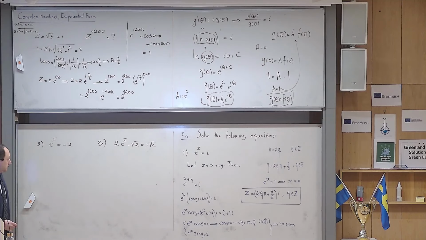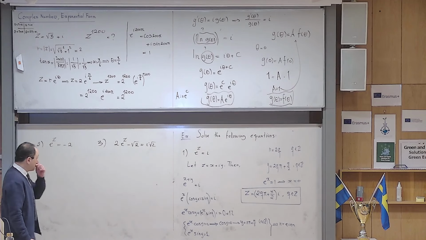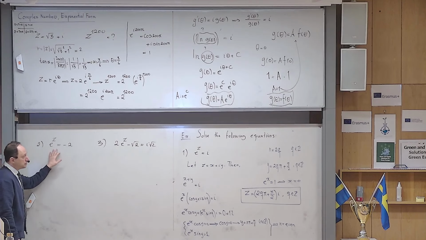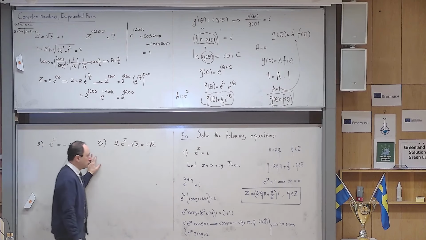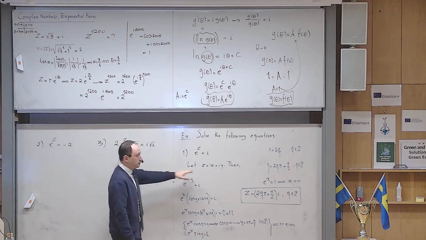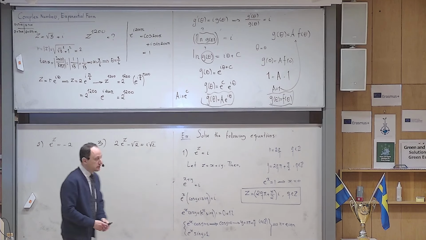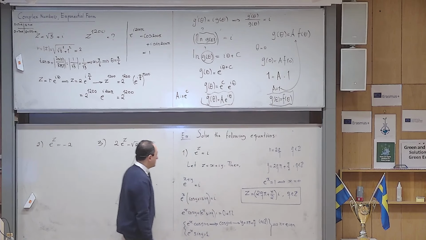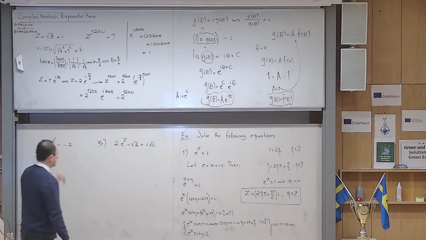Let us start doing them because I want to finish. So what should I do here? Remember, for solving exponential equations, don't start with the polar form. Yes, start with the standard form. So again, as before, let me skip this one. I will write let z be x plus iy, and then plug it back into the equation.